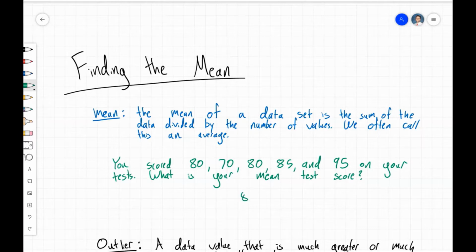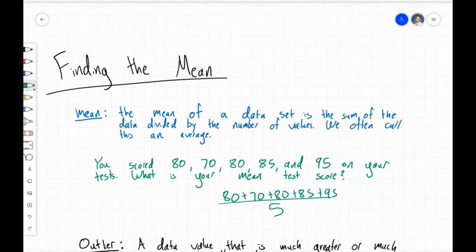So if we add 80 plus 70 plus 80 plus 85 plus 95 and divide that by 5, we will get your mean test score. 80 plus 70 would be 150, plus 80 would be 230, plus 85 would be 315, plus 95 would be 410.